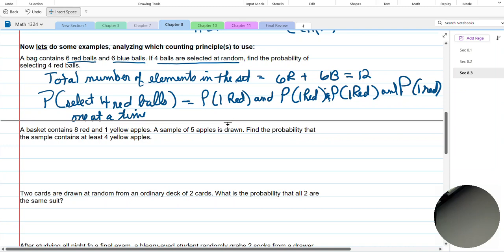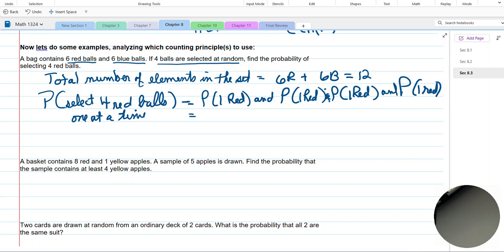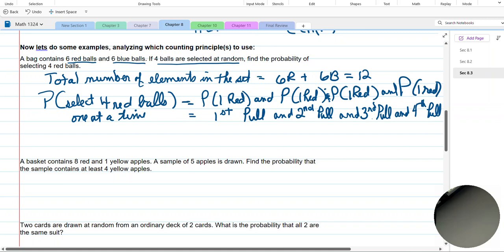So here we go. If I wanted 1 red out of whatever we have, which was 12, we would say our first pull and second pull out of the bag and third pull and fourth pull. All of these pulls reduce our sample space of 12 by 1.